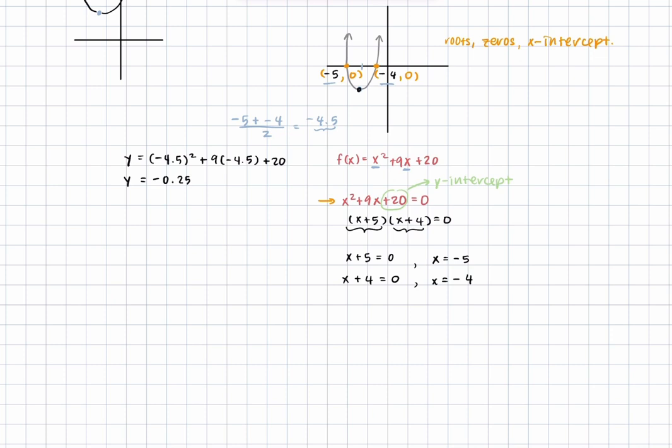So this value right here, our absolute minimum, or our vertex, is -4.5, comma, -0.25. Okay.